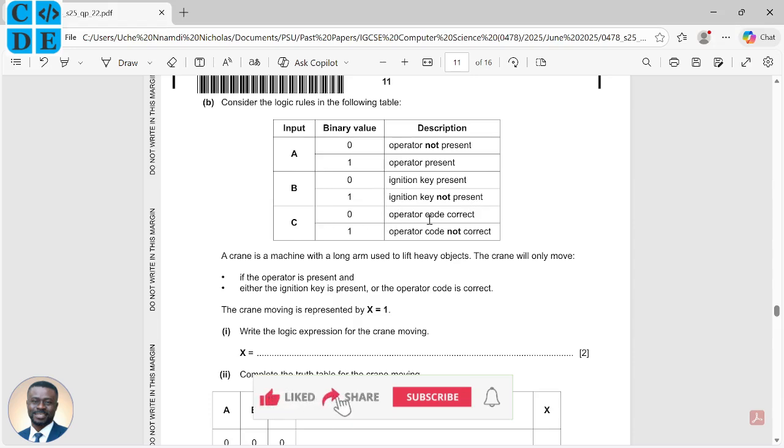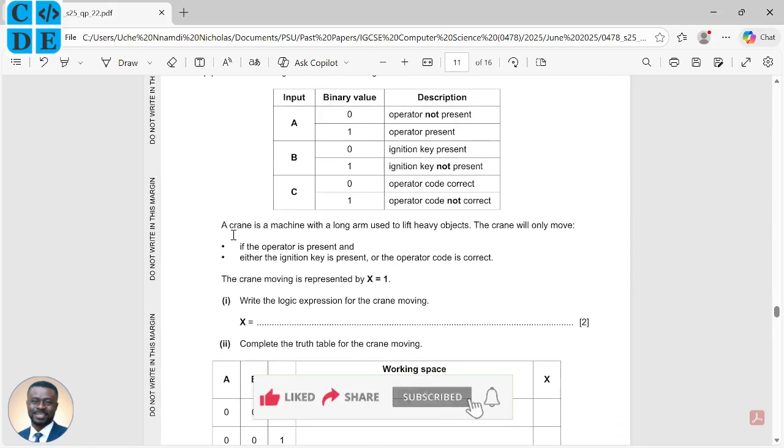Now the questioner says a crane is a machine with a long arm used to lift heavy objects. The crane will only move following these conditions: if the operator is present, condition 1, and either the ignition key is present or the operator code is present.